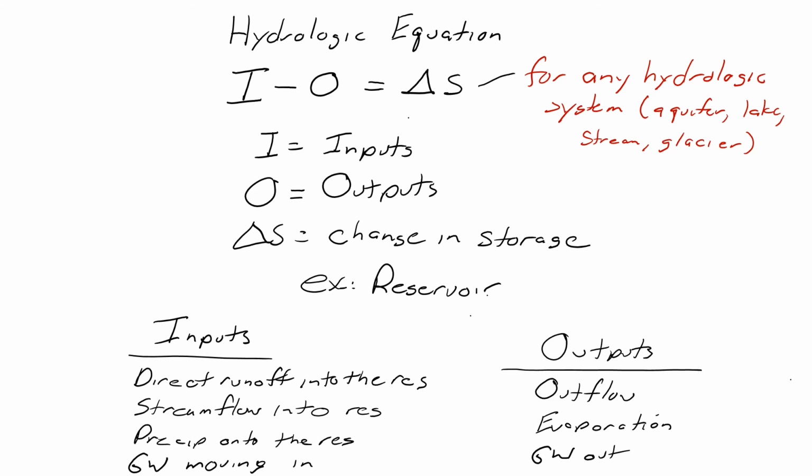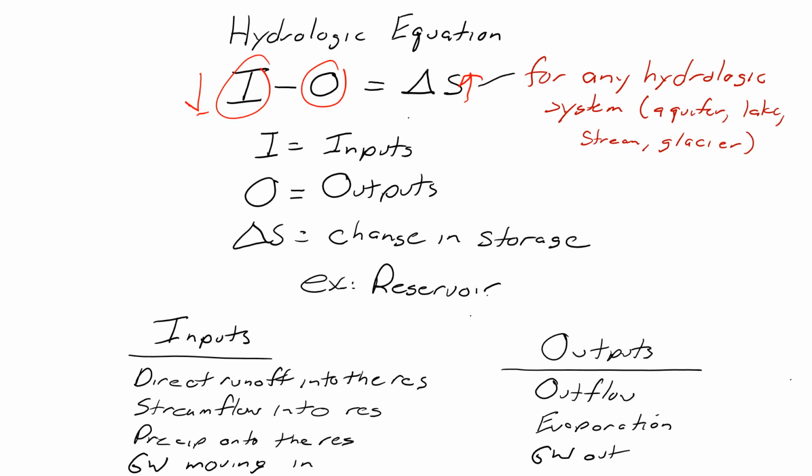What if your inputs are greater than your outputs? How's the reservoir going to respond? It's going to have more water, right? So in this case, if your input is greater than your output, your storage is going to increase, right?